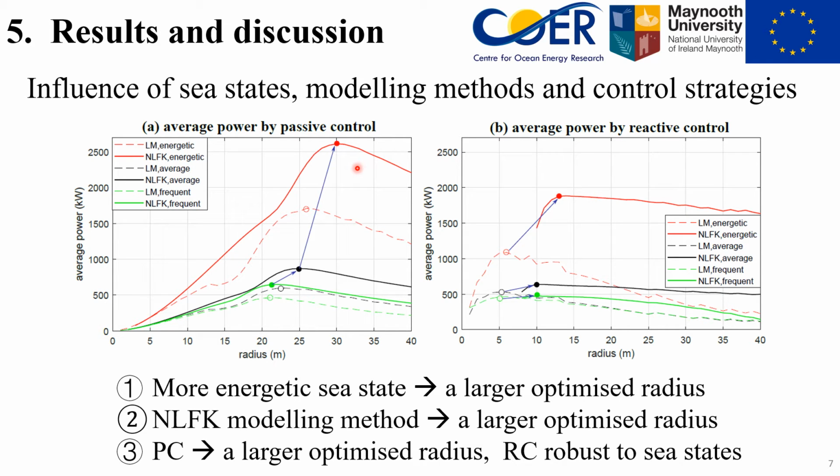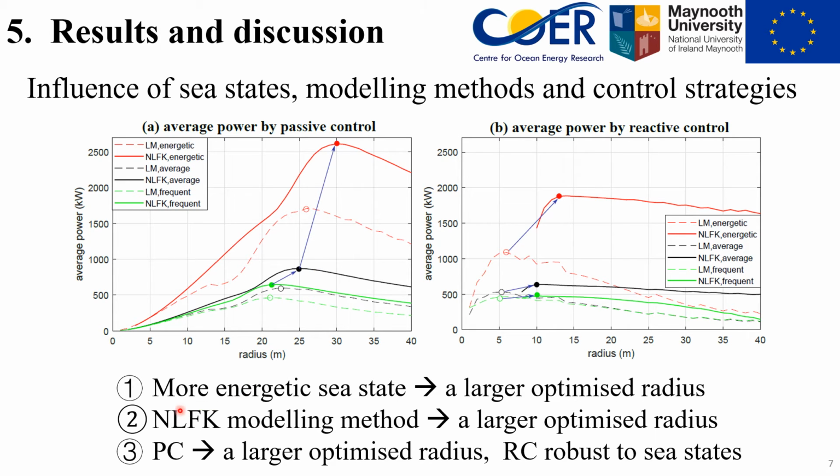The solid curve represents the results of nonlinear models, while the dashed curve represents the linear ones. The green curve represents the results of the most frequent sea state, the black curve represents the results of the annual average sea state, and the red curve represents the results of the most energetic sea state.